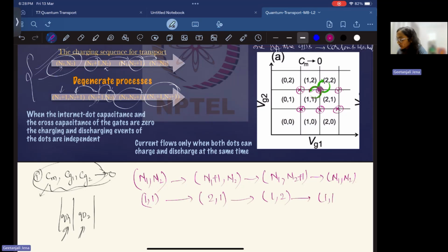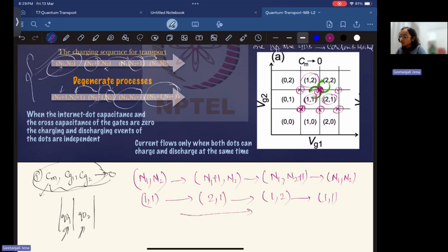Then again 1, 1. So for this charge transport, for a low bias region where we apply low bias, if you look at this cross point, all these 1, 1, 1, 2, and 2, 1 occur at the same gate voltage of VG1. They occur at the same point.